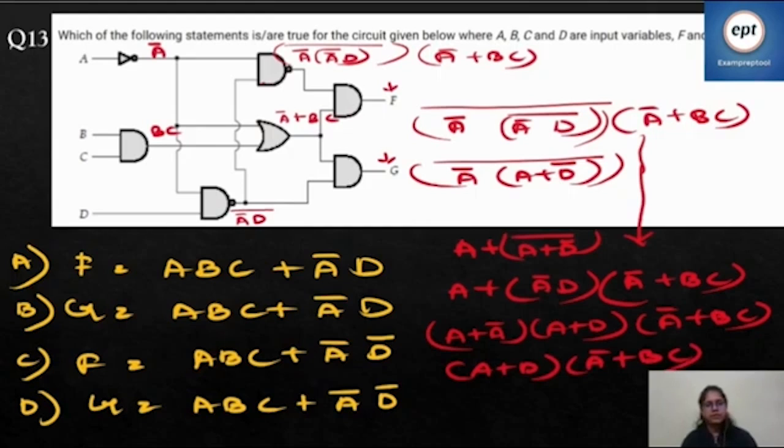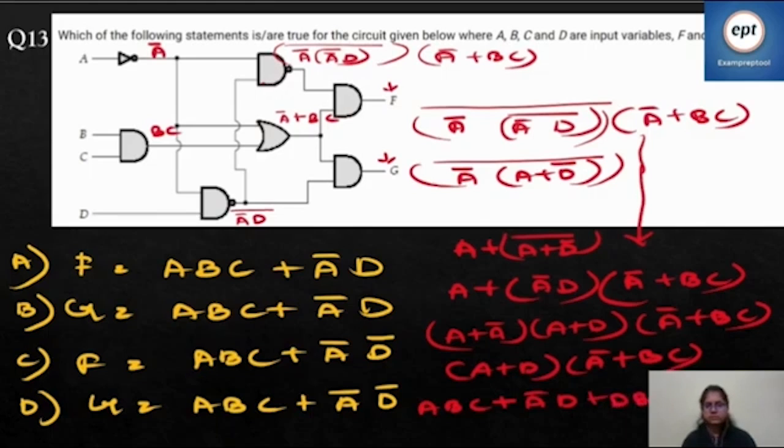Now let's multiply this A in this. This A is multiplied with A bar, so it is 0. A is multiplied with BC, so it will be ABC, plus this A is multiplied with D, so it will be A bar D, and plus D is multiplied with BC, so it will be DBC.